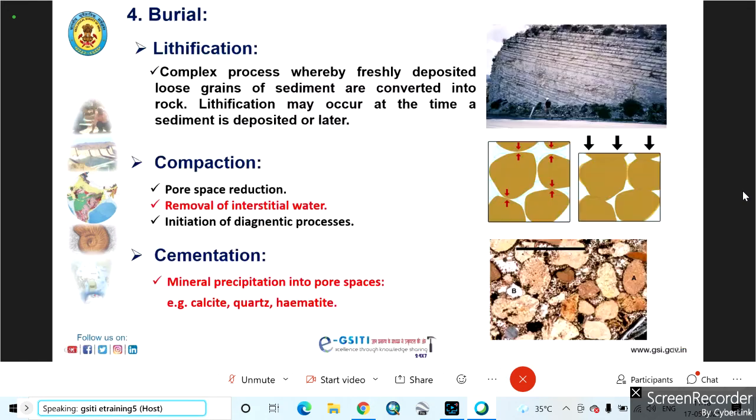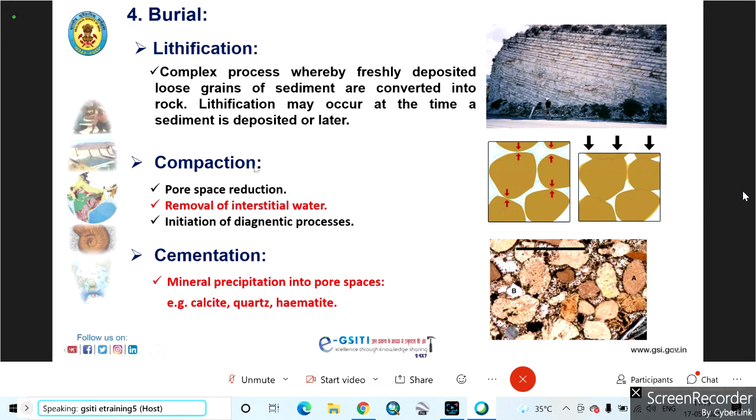After the deposition, there is the lithification process, compaction and cementation. Lithification is a complex process whereby freshly deposited loose grains of sediments are converted into rock, and lithification can occur at the time of deposition of sediments or after the deposition of sediments.